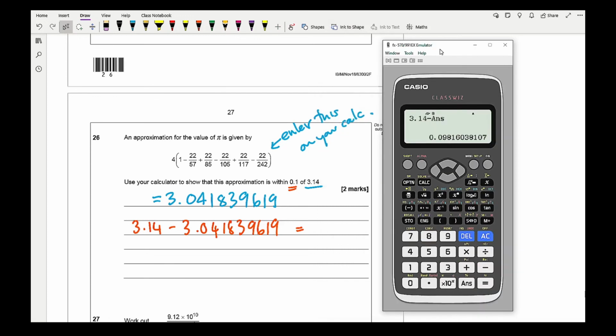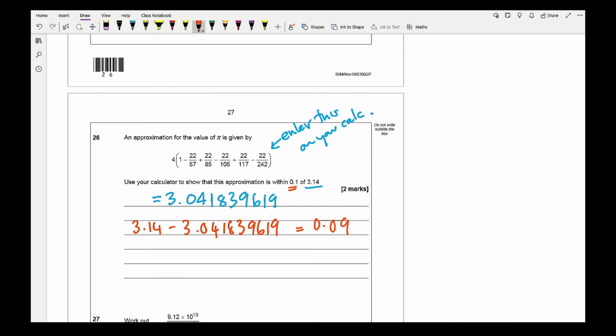Press equals, and it gives me an answer of 0.0891, and 0.0891 is less than 0.1, and that's going to be absolutely fine. Or you could say, if you don't want to use inequalities, this is less than 0.1, and that would be absolutely fine.